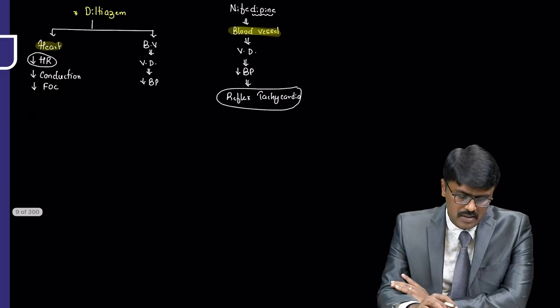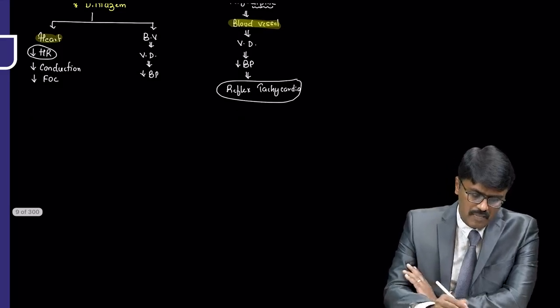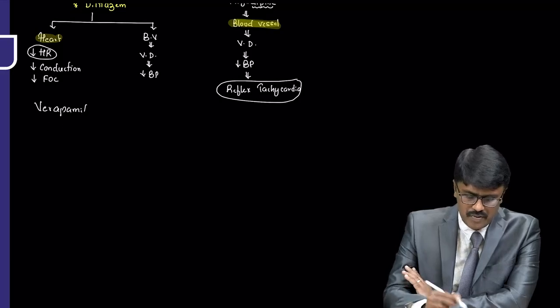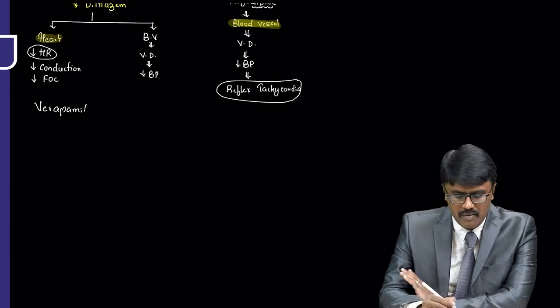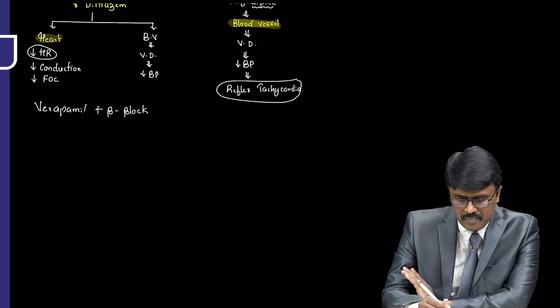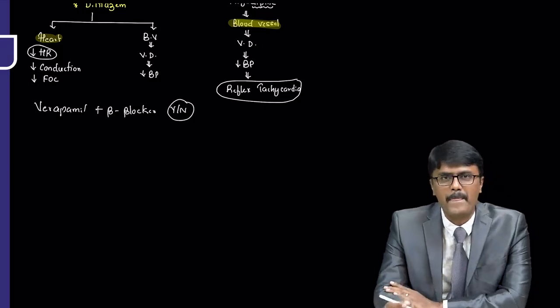The question here is, can we combine verapamil, diltiazem or diltiazem? Let me not confuse you. Just I will ask you, can I combine verapamil plus beta blocker together? So yes or no? Please comment. Pause the video and just comment.